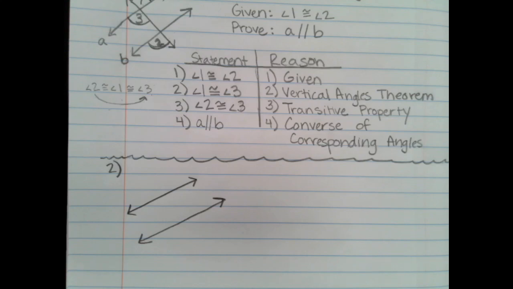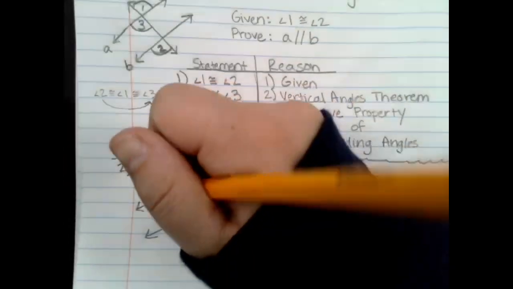Alright, so then we're going to draw 2 more lines. Alright, now we're going to draw 2 more lines. But this time we're going to draw them kind of slanted the other way.